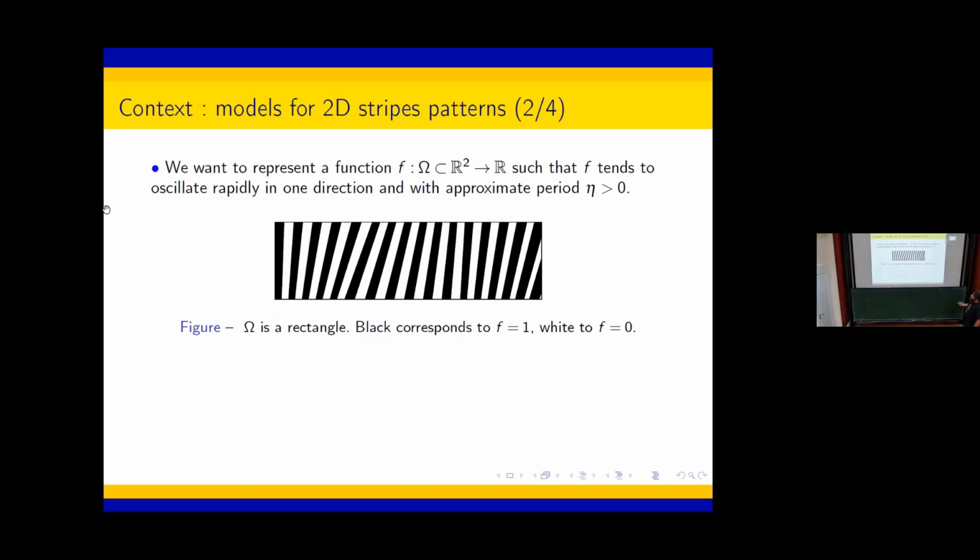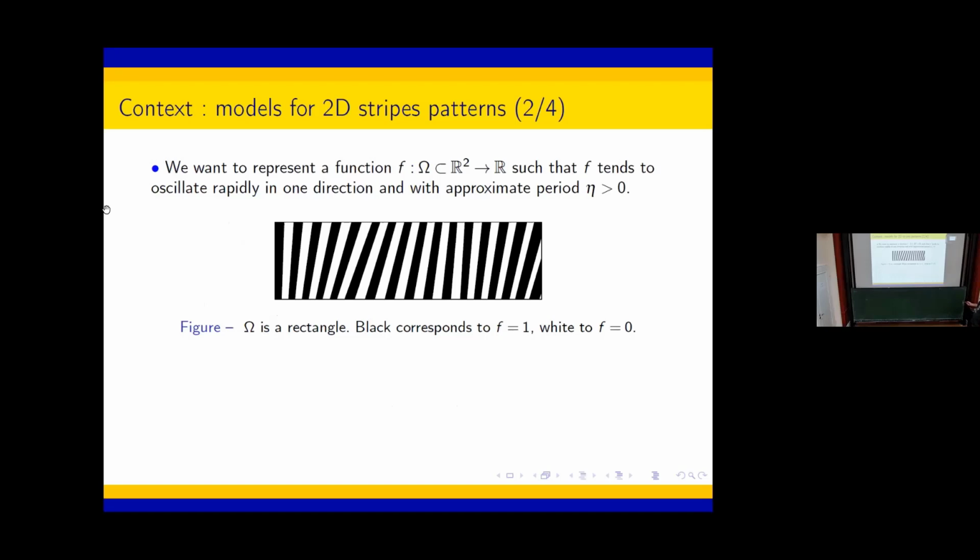So we want to represent something like this. It's a domain with stripes, and we want to consider stripes with a smoothly varying period and smoothly varying direction. The approximate period tends to zero, a small parameter eta.